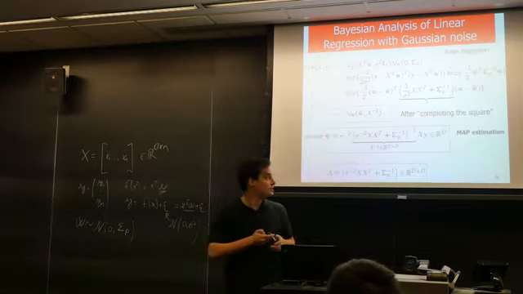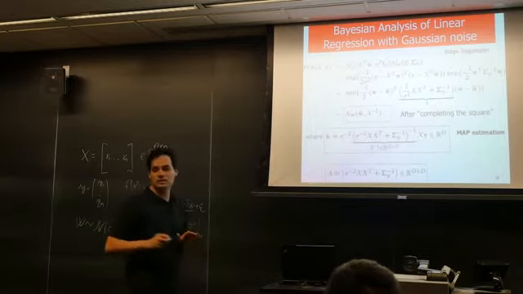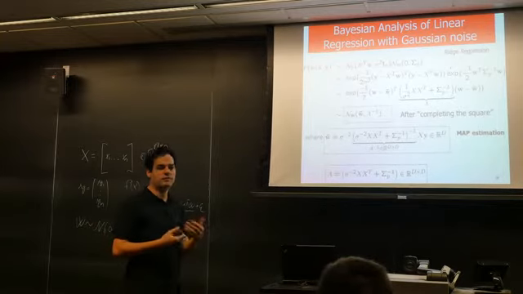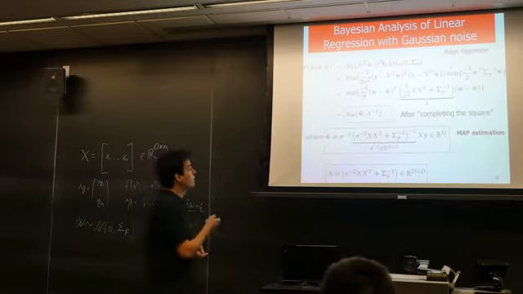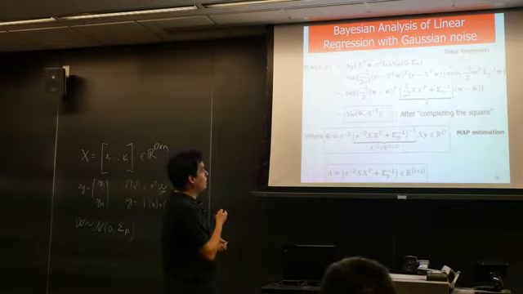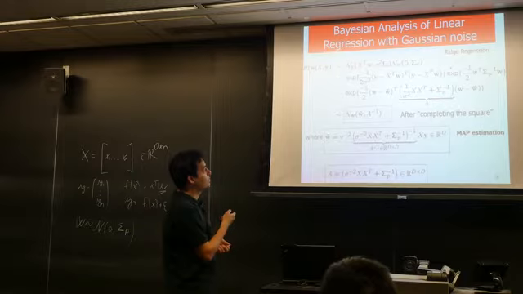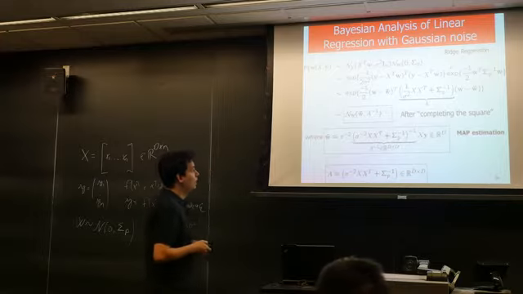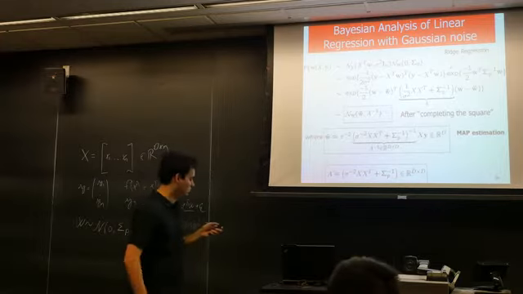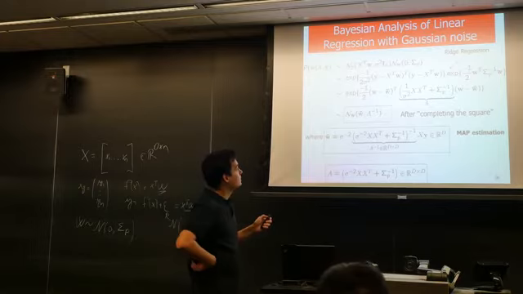Okay, so let's see the details of that. This is where things get a bit ugly when we calculate the details. So this is the posterior distribution, which is proportional, as we discussed, to the product of this Gaussian distribution, the likelihood, multiplied with the prior. The first Gaussian distribution is this.